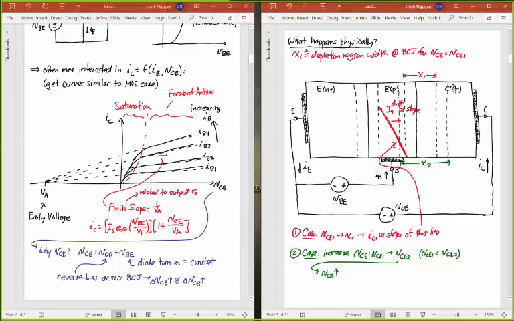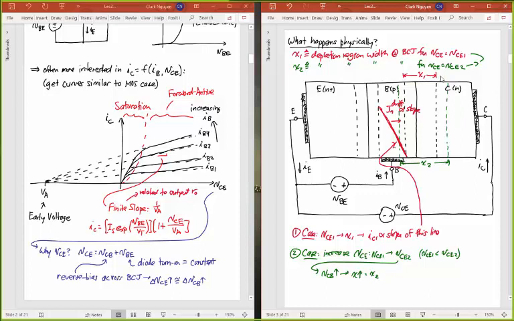And so I can write up here that X2, I'll just define as the depletion region width at the base emitter junction for now VCE equal to VCE2, which is greater than VCE1. And so if that's greater than VCE1, then what happens is that X goes up and equals now X2, which you could see up here is a wider depletion region.